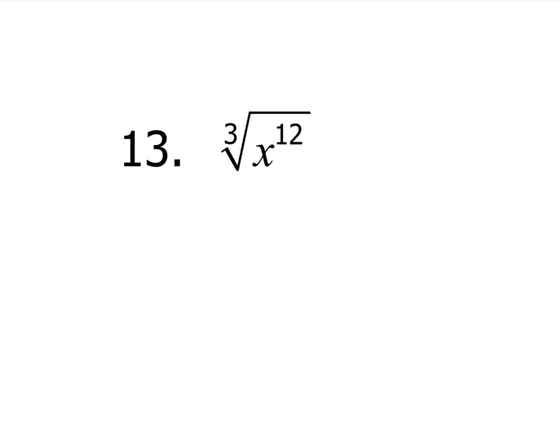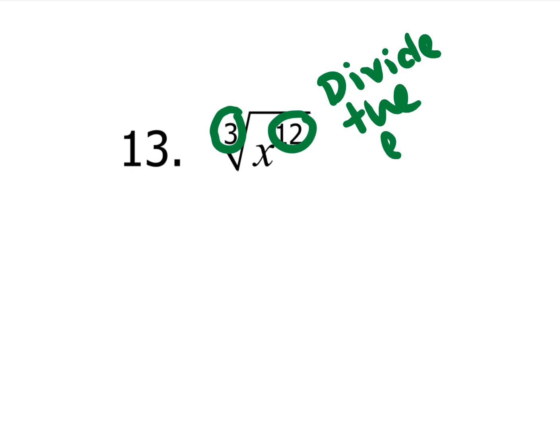So whenever you have an exponent on the inside, I know that our square root and our squared just canceled. When you have your number on the outside and you have this number on the inside, it's kind of like dividing all of the exponents that are in there. So you can write that down. You can write, divide the exponents.